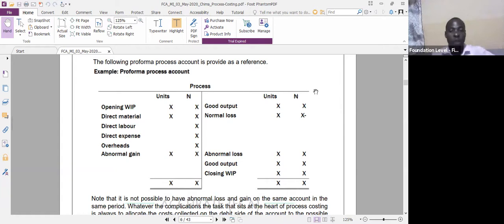The format of a process account. Let's look at the left-hand side. The opening work in progress, materials. Anything about materials must have units. So opening work in progress contains materials. Then there is direct material. Then there is abnormal gain. We'll come to that. Then on the right-hand side, we have the good output. Then the normal loss. Then we have the abnormal loss.